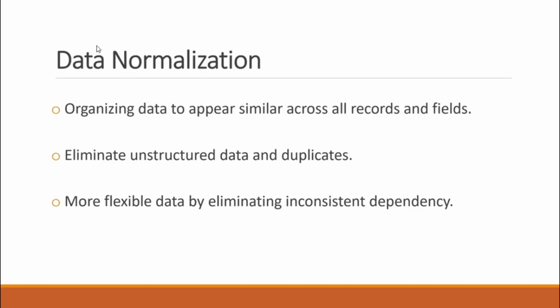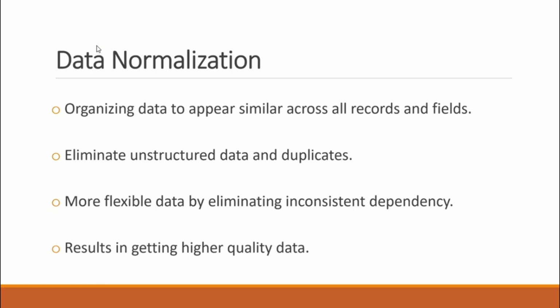So if you have inconsistent dependencies, it will cause a lot of problems going forward, right? So that is why the first step in data science or data analytics is to clean your data or to normalize your data, right? So that you don't face problems while doing your analysis or while building your visualizations, right? So it makes your data more flexible by eliminating inconsistent dependencies.